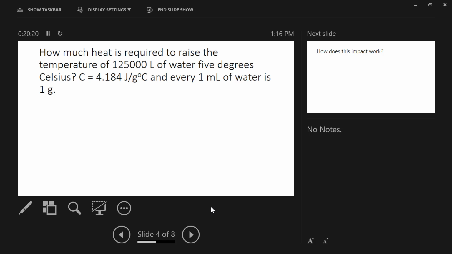So just like we did there, we can use what we're given to solve for the mass of water. So if we divide milliliters away and we multiply it, what do we do with them? Cancel.